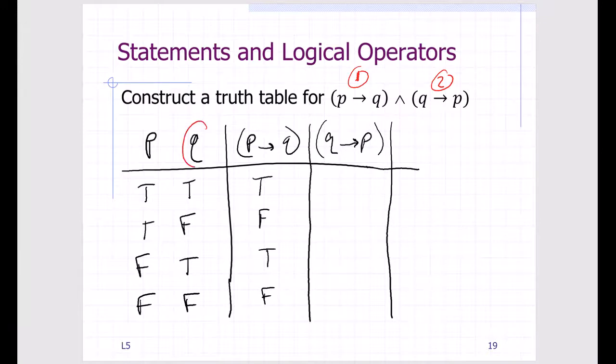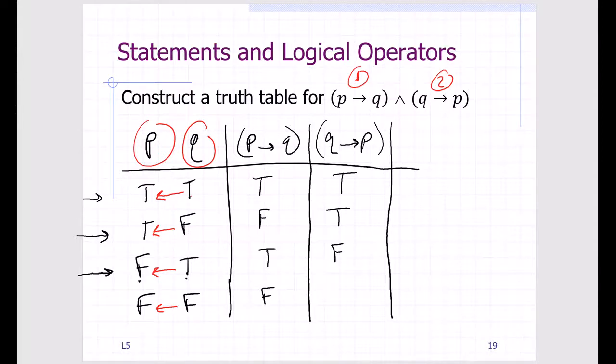We're taking the Q column and the P column. So true first, true second, that will be true. Now down here, false first, true second, that's also true. Down here, true first, false second, that is false. And down here, false first, false second, that is true.